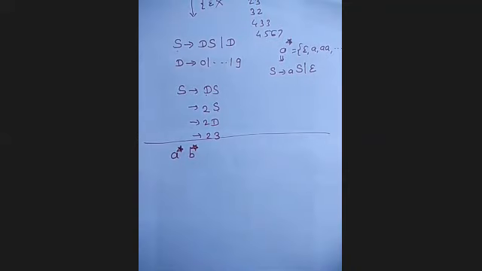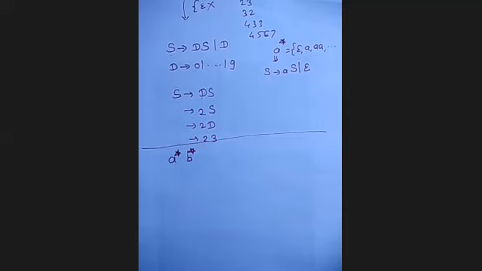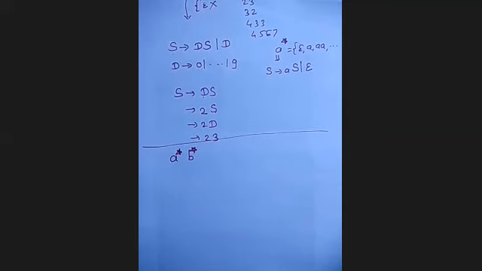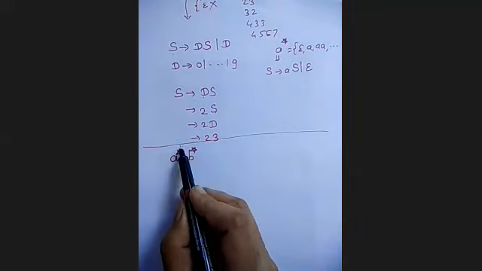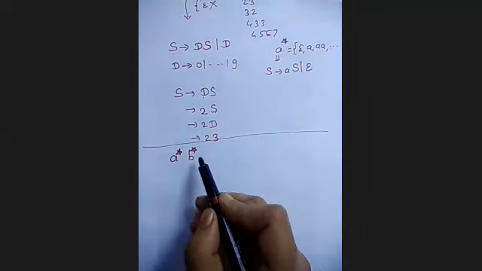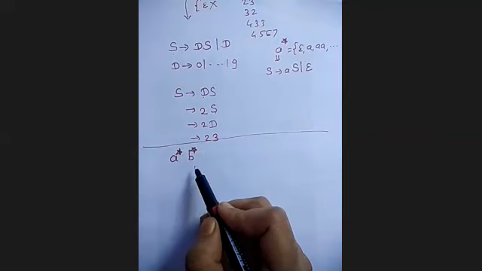Number 25, Sarthak, can you give a try for A closure, B closure? You can write one non-terminal which will derive A closure, and another non-terminal which will derive B closure.